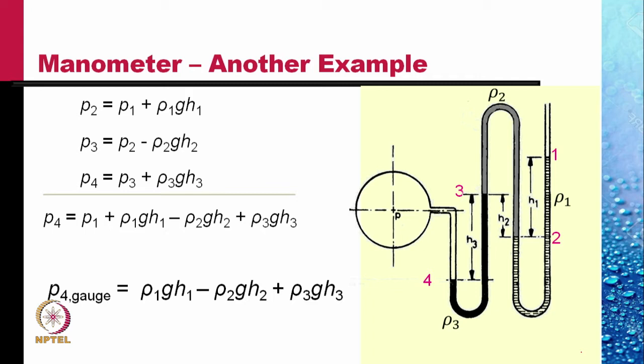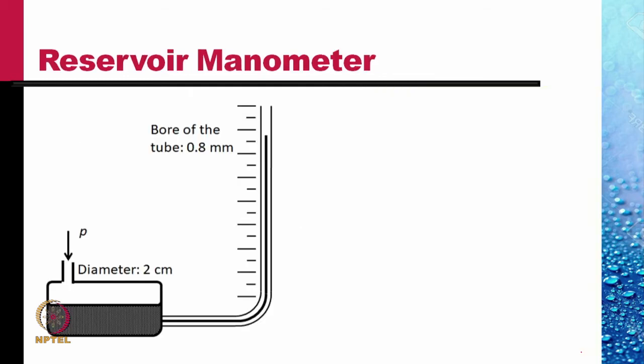Since P1 is the atmospheric pressure, the gauge pressure at point 4, P4 gauge, is given simply by rho 1 g h1 minus rho 2 g h2 plus rho 3 g h3. In all these applications, typically we'll have to make two measurements of levels, and then the pressure is related to the difference between two levels.